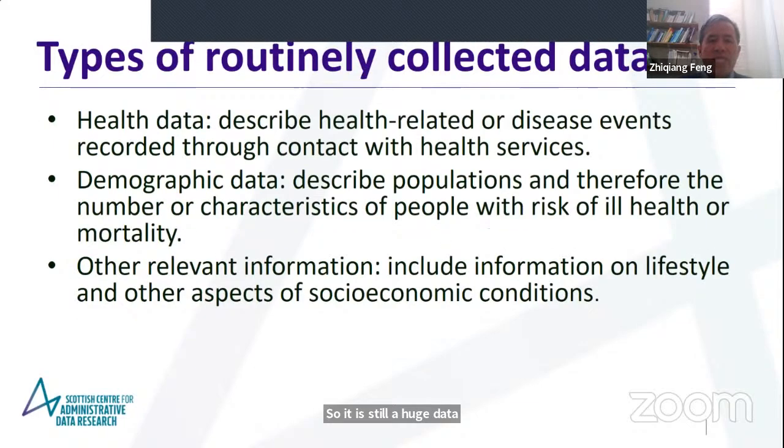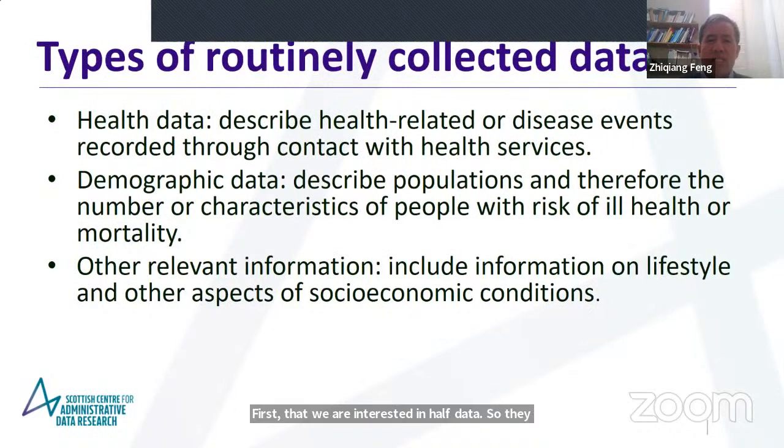And in terms of the types of routinely collected data, obviously at first we are interested in health data. So they include the patient records describing health-related disease events, because the patients obviously have some contact with health services.